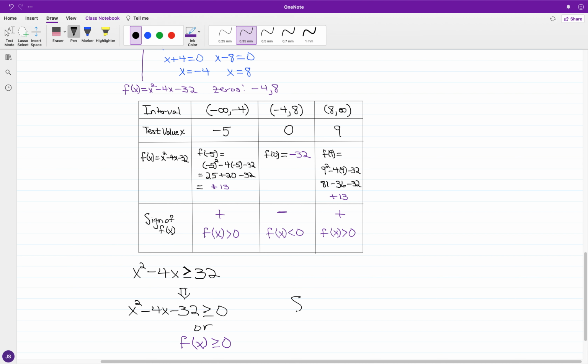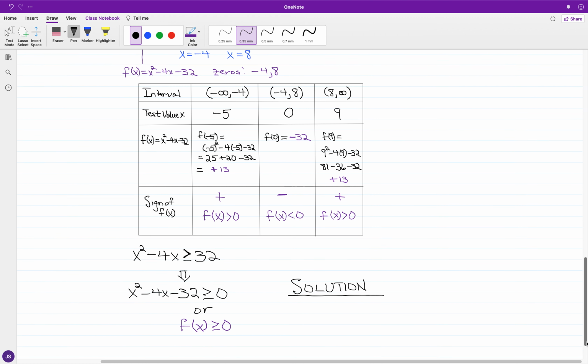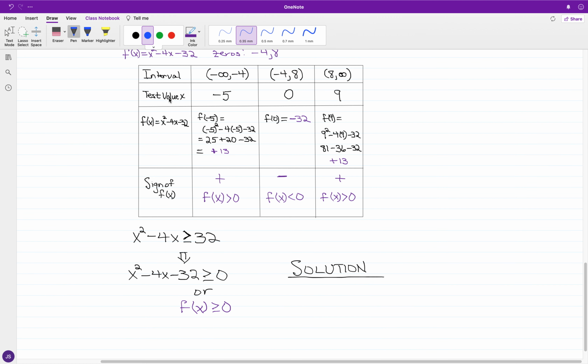And so for the solution in this one, for f of x greater than or equal to 0, you'll be going in the same direction as f of x greater than 0. So I'm just going to denote this.